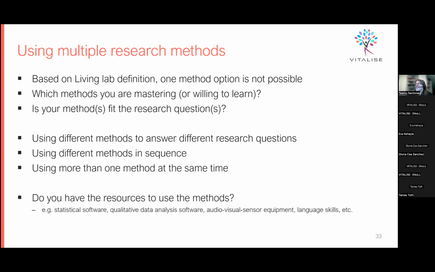The question is also for you: what kind of methods are you mastering or willing to learn? Of course, you cannot use methods that you are not able to apply in practice. So whenever you are selecting a method, you have to think carefully: am I able to use this method or not?